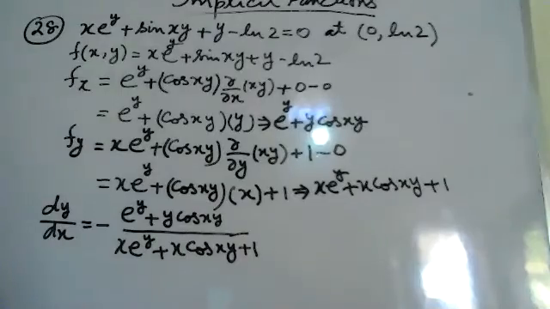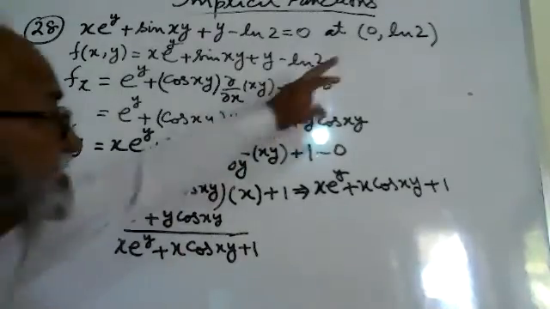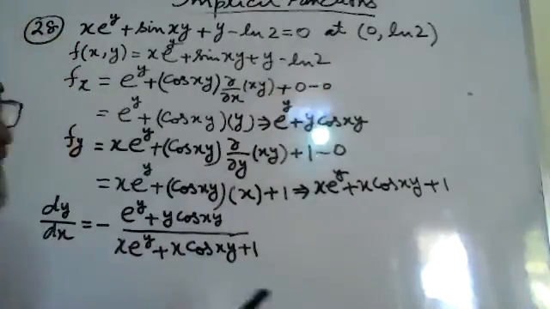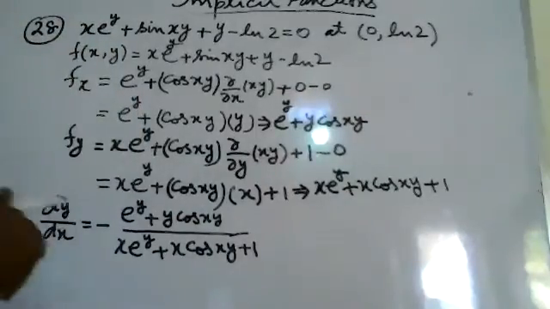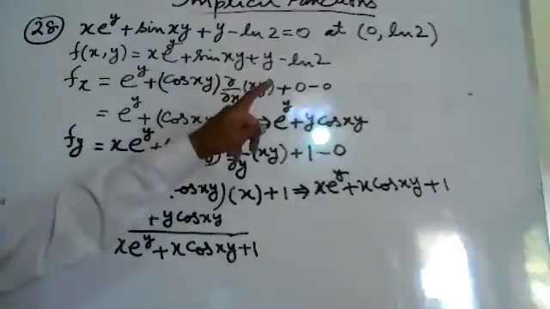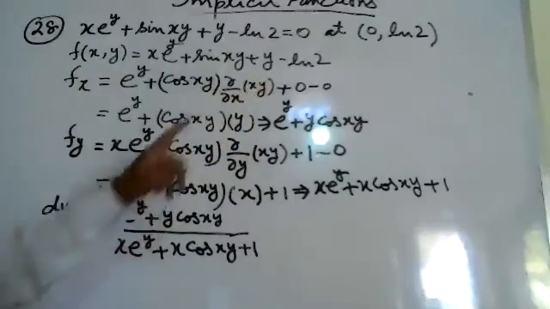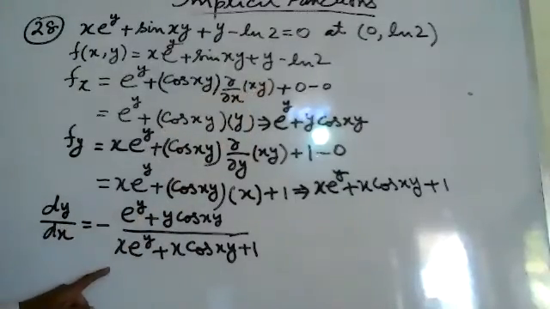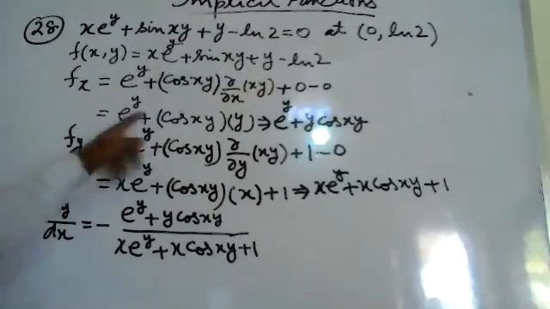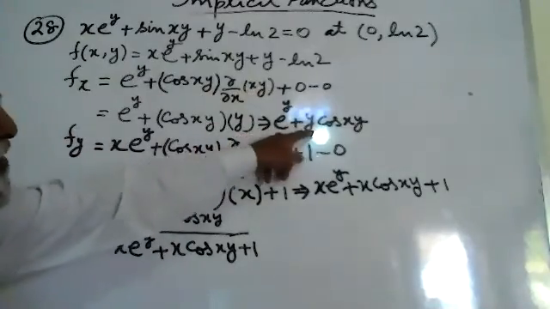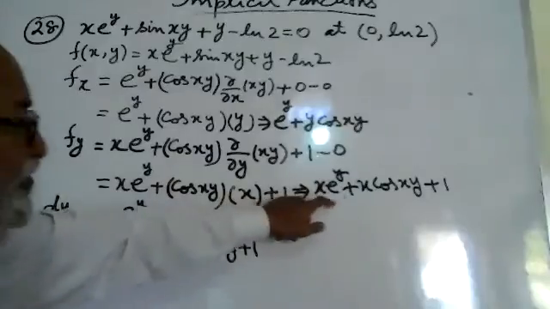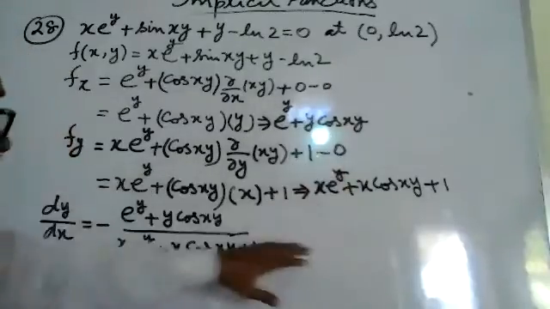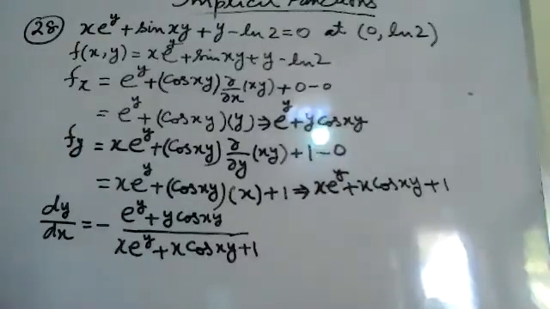Now we will find the value at 0 comma ln2. This is 0 comma ln2. We will substitute this. We may substitute the value of 0 comma ln2 in this equation, or we may substitute here also, and here also, and then after that we can find dy upon dx.